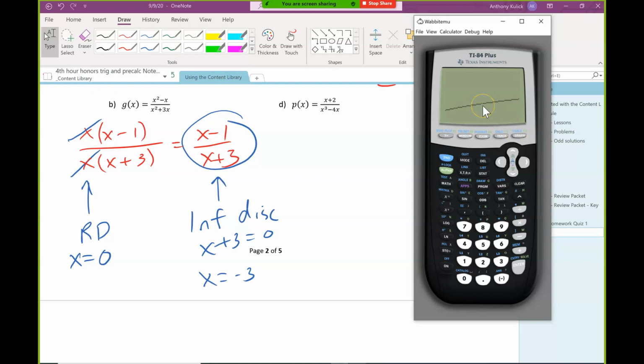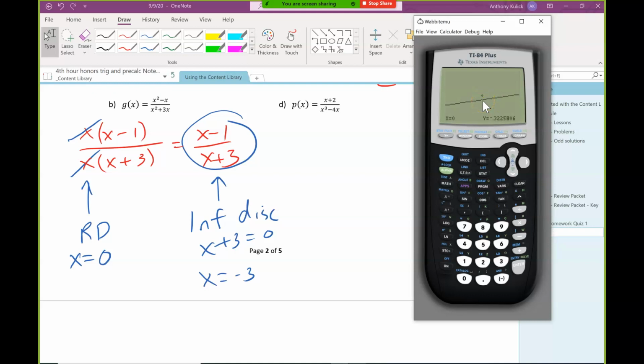And boy, it's still hard to see that there's a little piece missing, but it's a little bit easier to see. Let's just try a general zoom in. So I just press the zoom button and pick the zoom in command. I want to center right on that spot that it's missing. If I do this a bunch of times, I might get a decent gap in there.